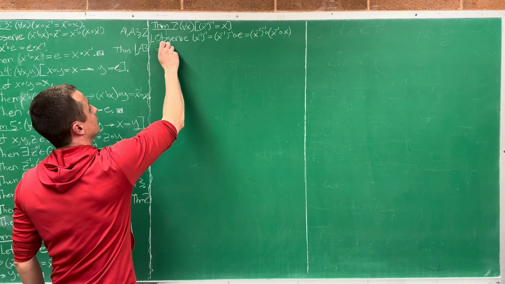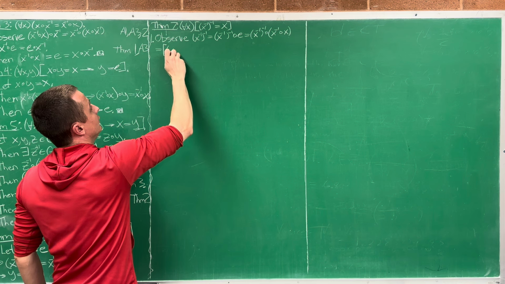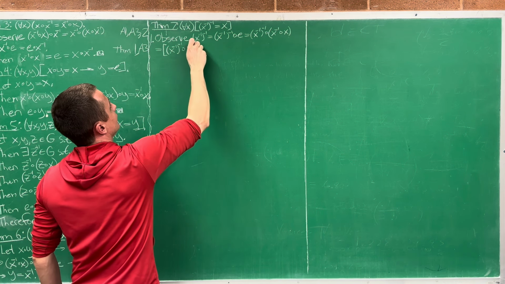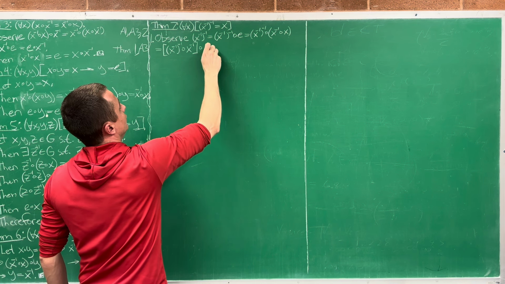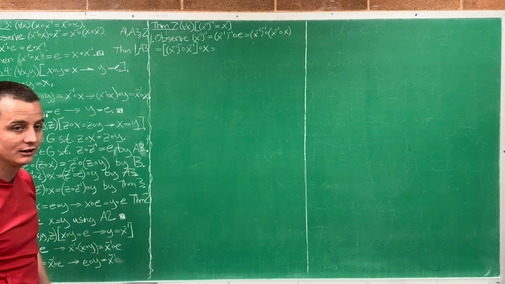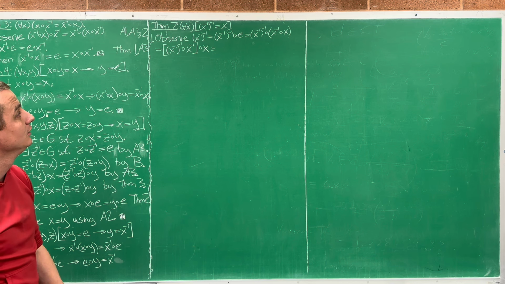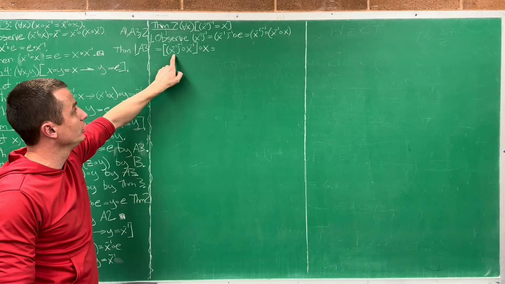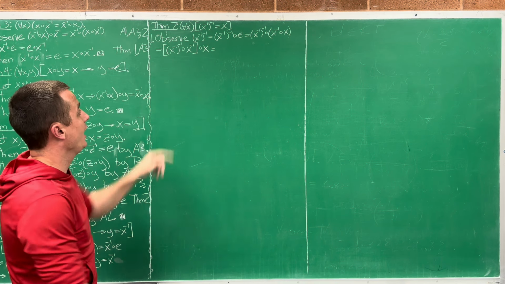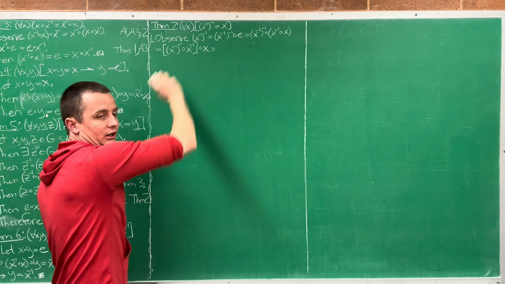So we can rewrite this as X inverse inverse circle X inverse, circle X. Now I have some symbol inversed circle that same symbol again.